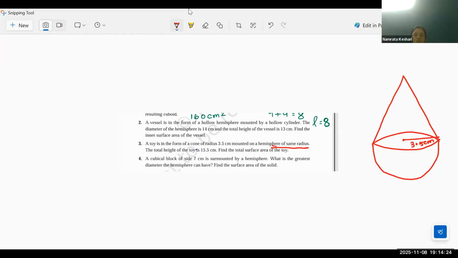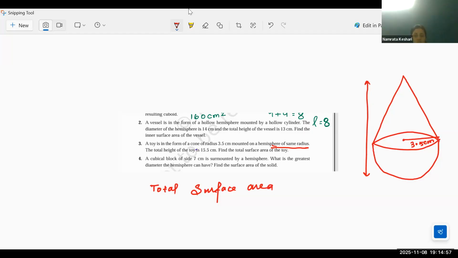The total height of the toy is again given, because they know that you will be finding the total surface area. For finding the total surface area of this toy, you will be finding the curved surface area of the hemisphere and the curved surface area, which we also call the lateral surface area, of the cone.